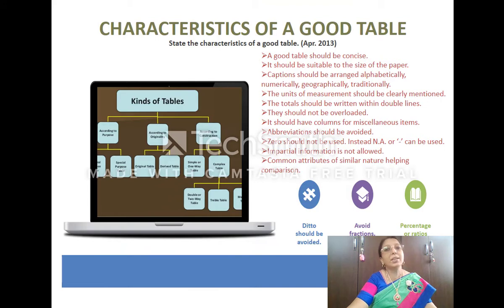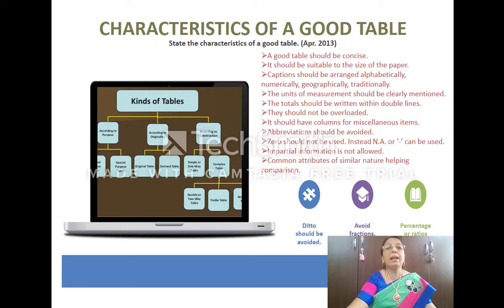Now the characteristics of a good table. When you go on to a table, it is according to the purpose, the originality, and the construction. A good table should be concise. When you have a tabular column, it should not be very big. It should be suitable to the size of the paper and should not go outside the paper.